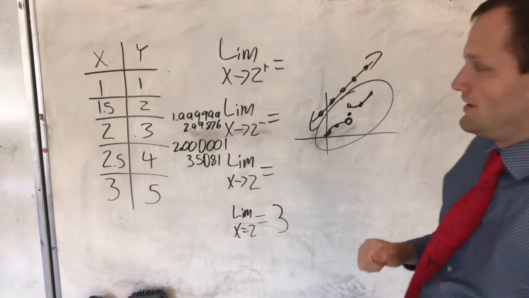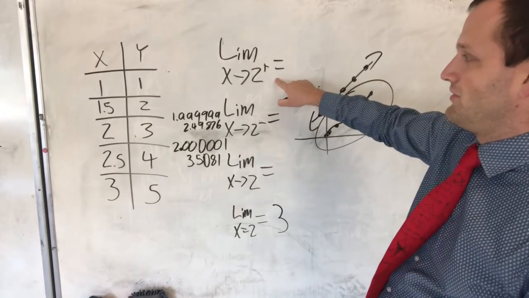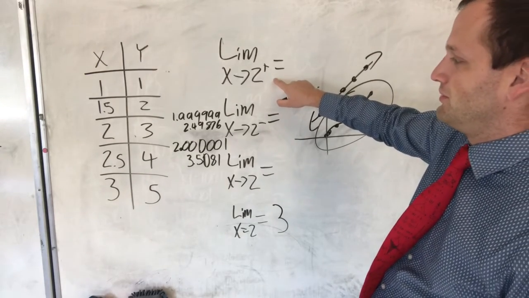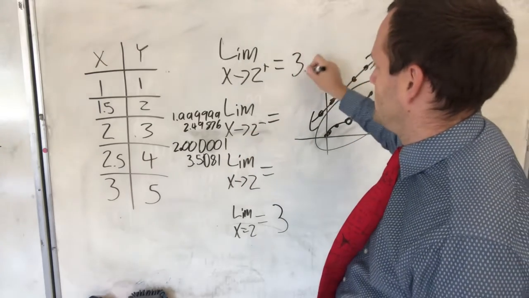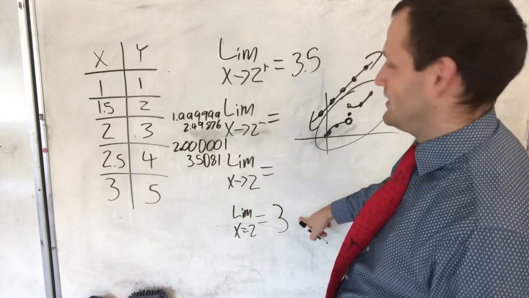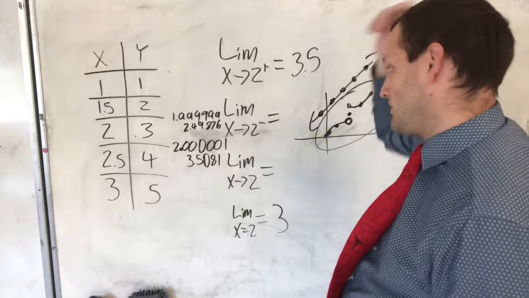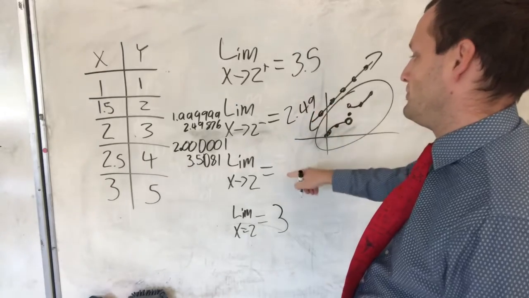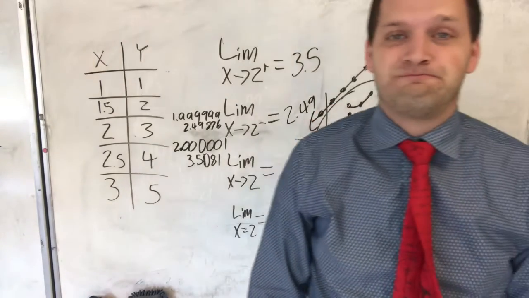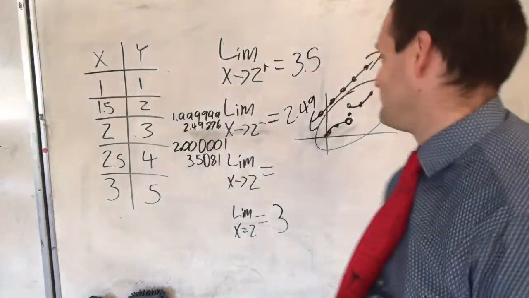In this case, your limit as x is approaching positive 2 would be 3.5, not 3. As x approaches 2 from the negative side, 2.49. Do we have a limit as x approaches 2? There's not a set limit.